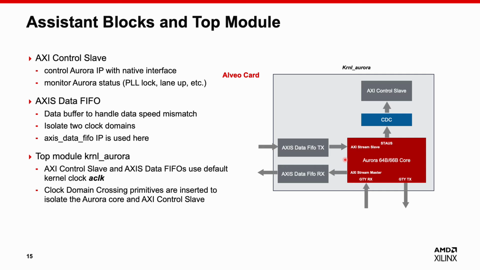So we insert two data FIFO IPs here for TX and RX paths, respectively. Also, because the AXI control slave uses the common platform AXI clock as well, some clock domain crossing primitives are inserted between the AXI control slave and Aurora IP.